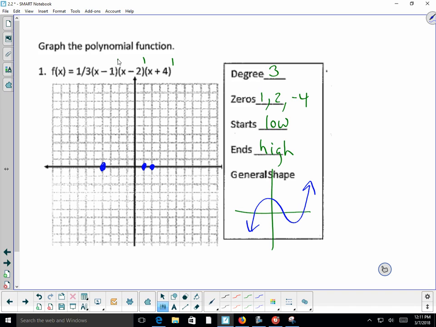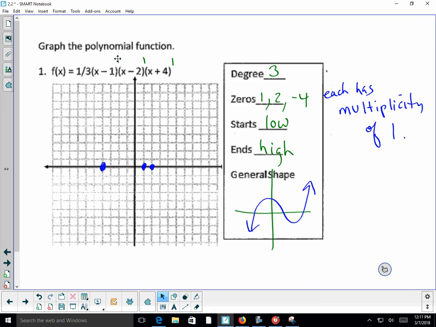So each has a multiplicity of 1, right? That means, are we going to bounce off the x-axis at these zeros or cross through? Cross through.